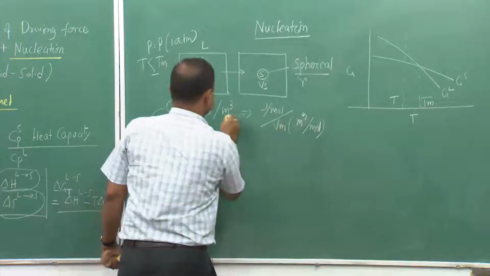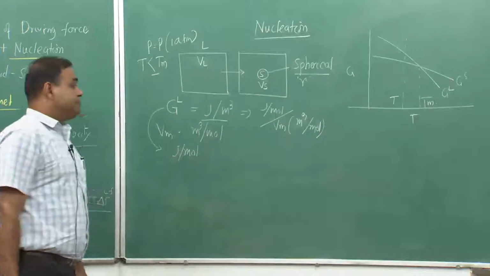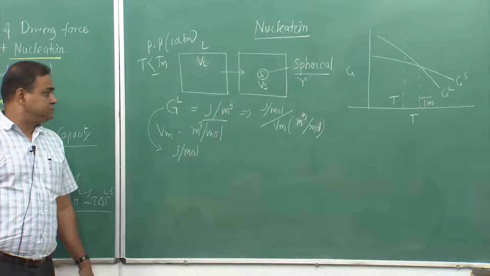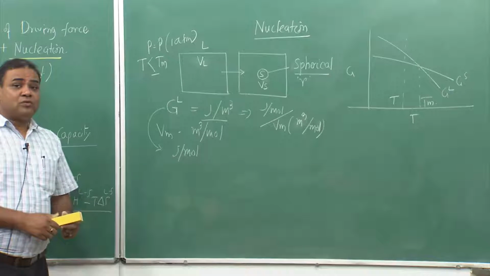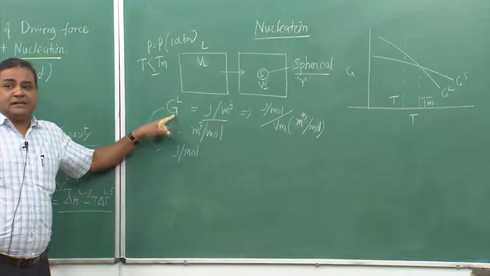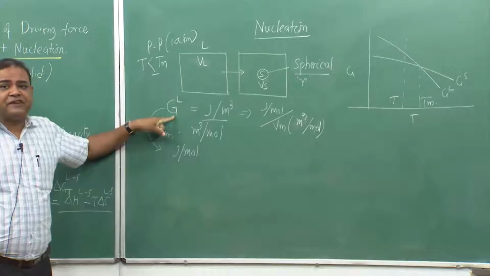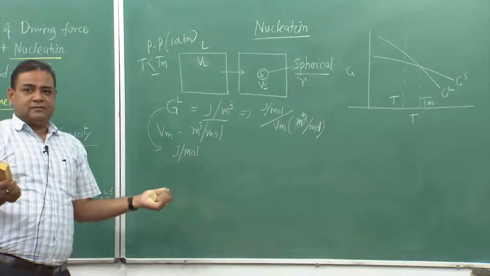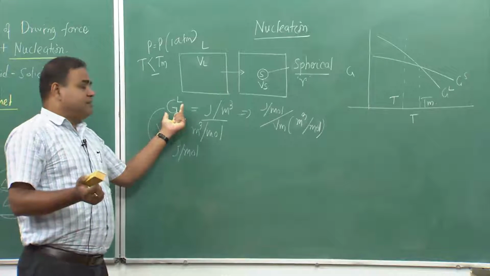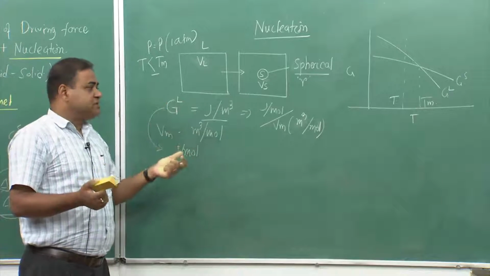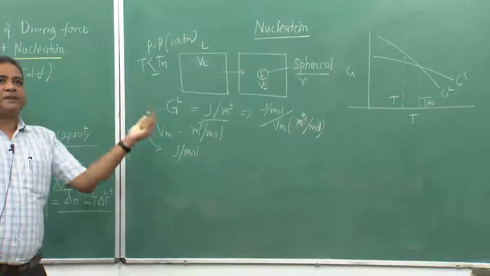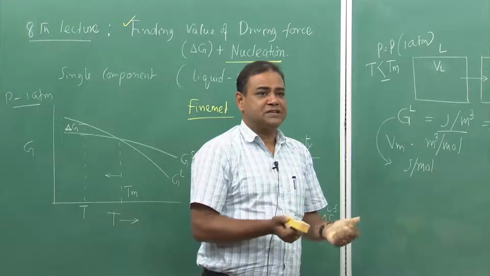Then I would get joule per meter cube. So, it is a volumetric free energy, and this also tells something. This volumetric free energy is coming from the volume of the material.